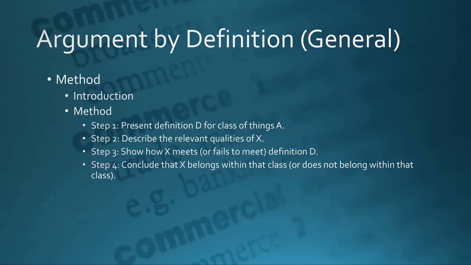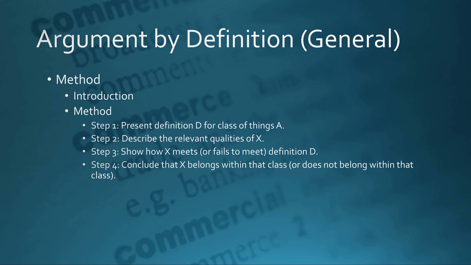And then the next step is to show how these qualities make that entity meet, or if you're arguing against it, fail to meet that definition. And then you conclude that either the entity in question belongs to that class, or if you're trying to argue that it doesn't, that it obviously does not.